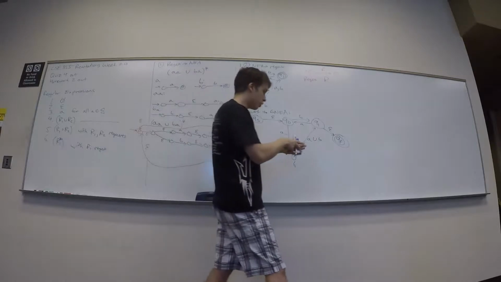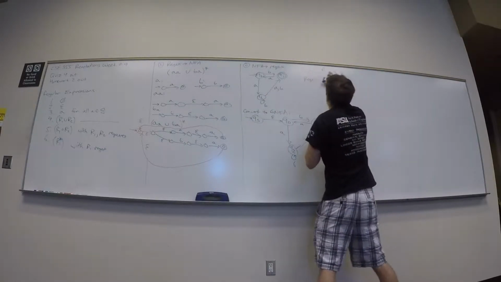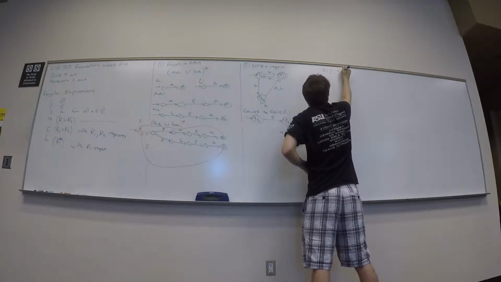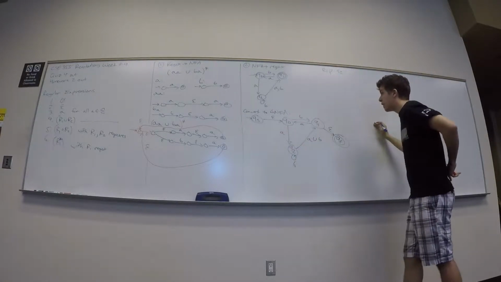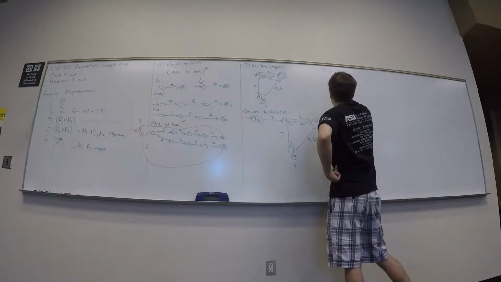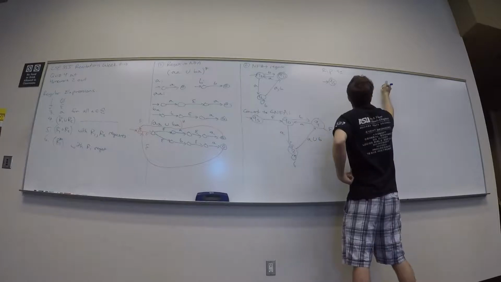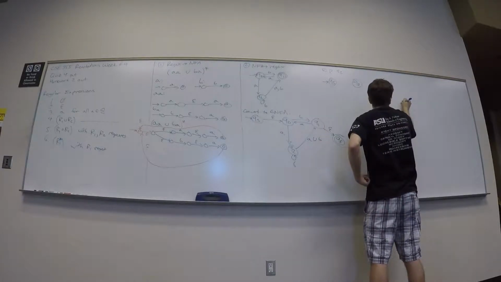So let's rip Q2 out. I'm just going to erase this. We don't need it anymore. Rip Q2. All of the other states are obviously still going to be there: QS, Q0, Q1, and QF over here.